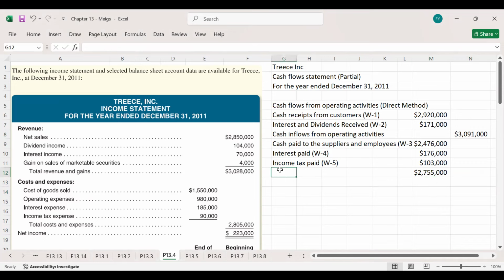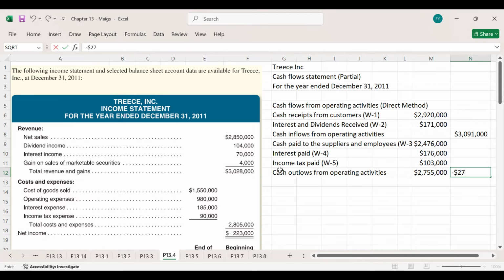So this represents cash outflows from operating activities, which we are going to present in the outer column with minus sign because these are cash outflows.